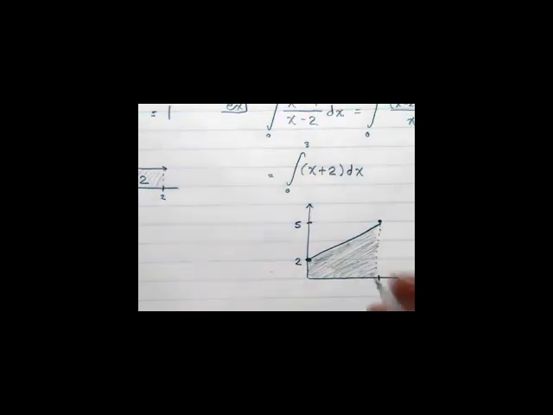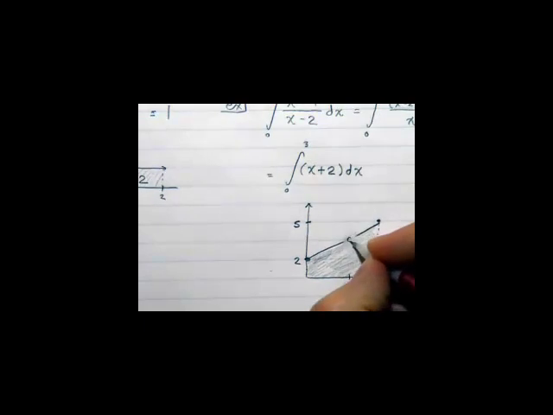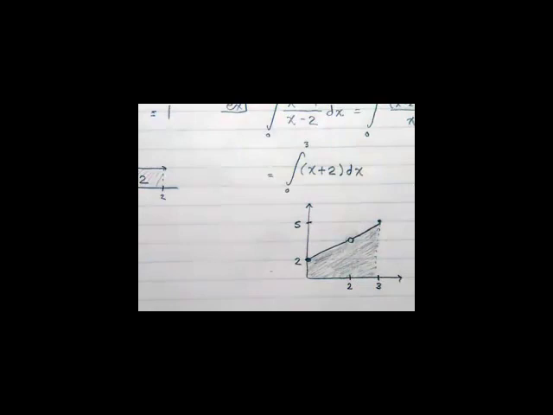Okay, now at 2 though, I said there is a removable discontinuity. So technically, there's an open circle right there at 2. Okay, but that hole is infinitely small.